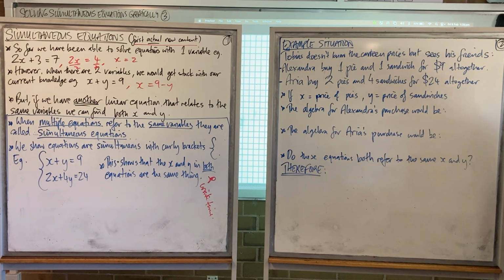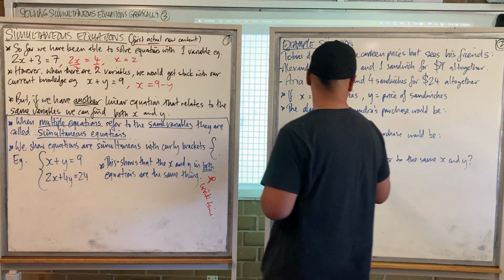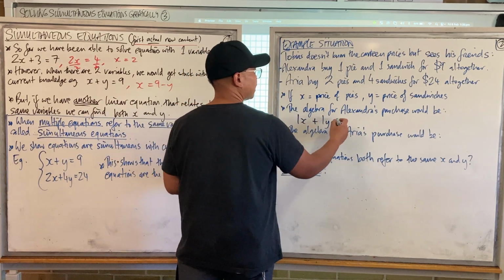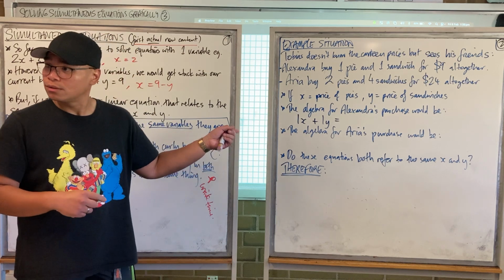If x is equal to the price of the pies and y is equal to the price of the sandwiches, what algebra could I write for Alexandra's purchase? How many pies did Alexandra buy? Good. You could write this. I'm not going to mark you down for writing 1x plus 1y equals. How much do those? 9.